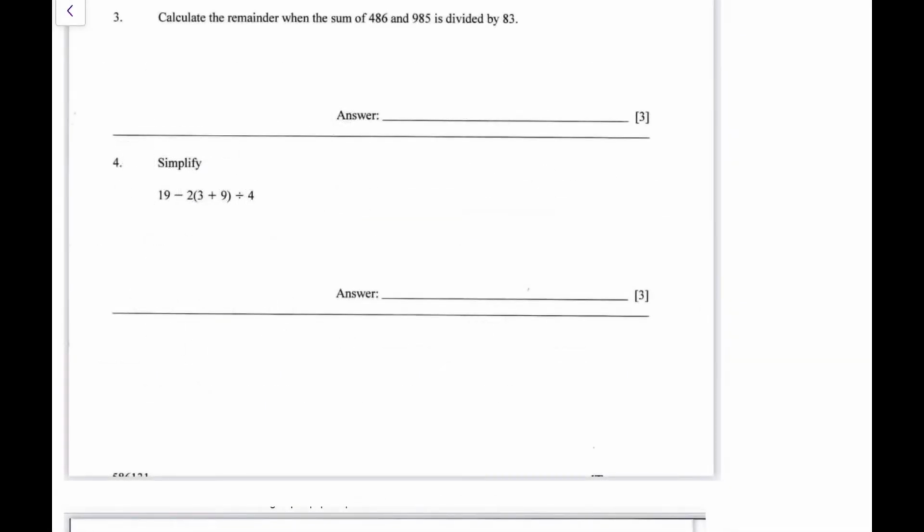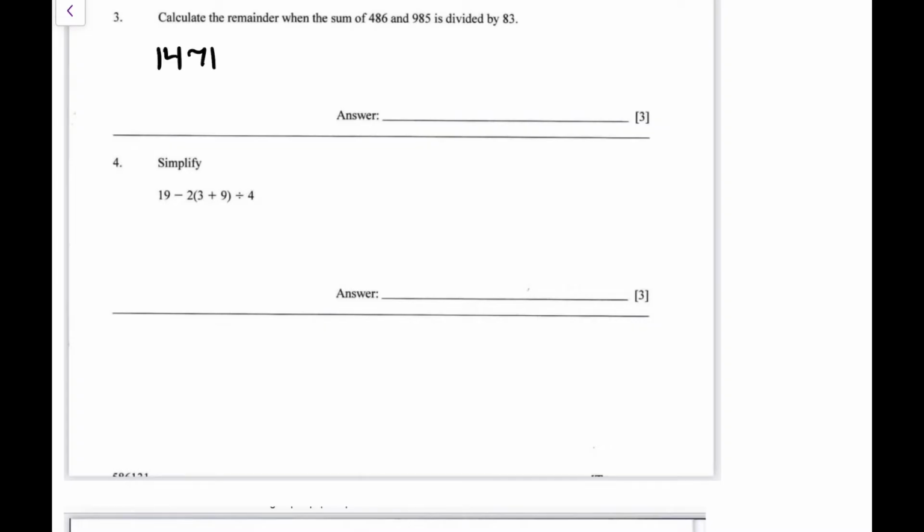Alright guys, so number 3 says to calculate the remainder when the sum of 486 and 985 is divided by 83. So in this question, all we're doing is adding 486 and 985. And in BGCSE, of course, you know you have your calculator. So you can plug this in your calculator, or you can do addition on your paper, that's fine, but I'm putting it in the calculator. 486 plus 985, and that's 1471.